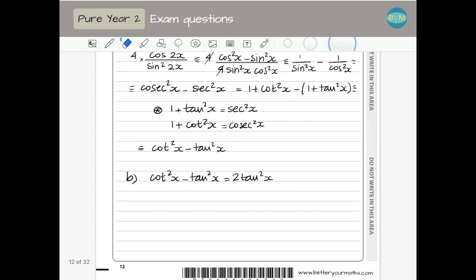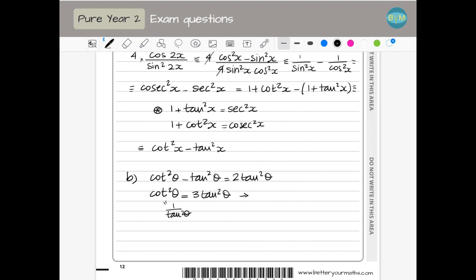And now this equation, they are using theta. So I'm going to change that to theta. So this is theta, theta, theta, just to do it properly. So I have cot squared theta is 3 tan squared theta, which means that, remember that cot is the reciprocal of tan, so this is 1 over tan squared.